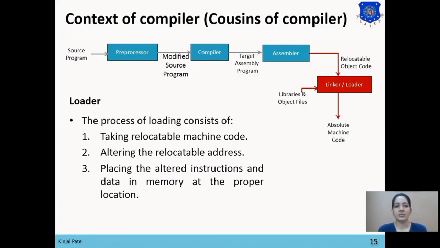First, it is passed to the preprocessor. Then the preprocessor removes hash lines and converts it into pure higher level language, and that pure higher level language will be passed to the compiler. The compiler will convert that pure higher level language into assembly language, and that assembly language will be passed to the assembler. The assembler will convert it into relocatable object code, and then that relocatable object code will be passed to the linker.